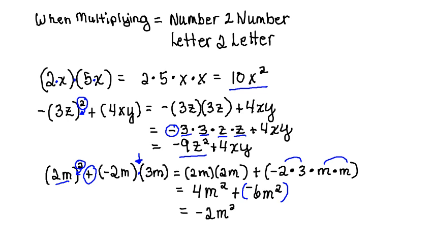Another way to write this would actually be with the negative as a minus sign. So it may be shown as so, 4m squared minus 6m squared. Again, the big number carries the sign, so it's going to be a negative 2m squared.